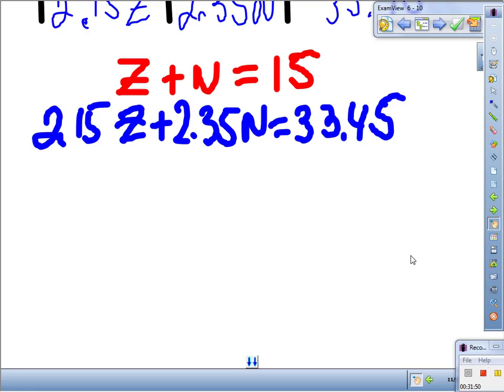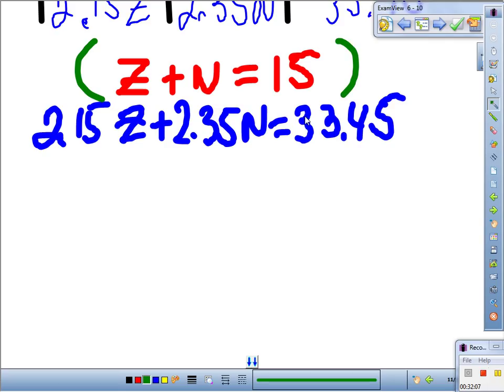So, if we use elimination, which variable would you like to eliminate, Octavio? Z? Okay, guys, we're going to eliminate Z. Tell me here what we need to multiply this equation by. Negative 2.15. That is correct.